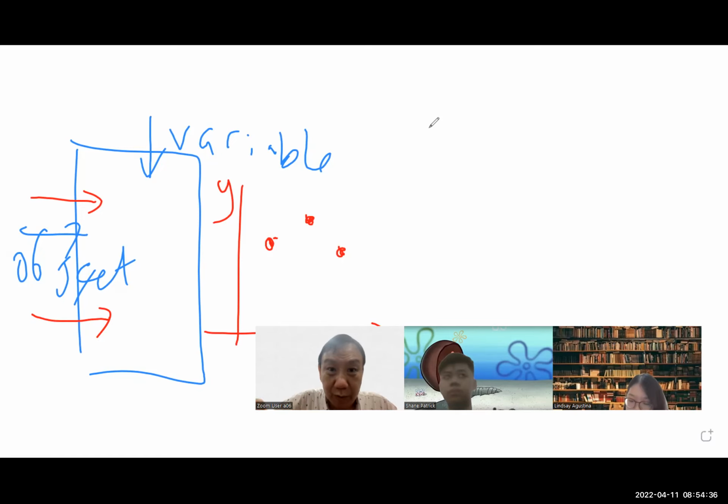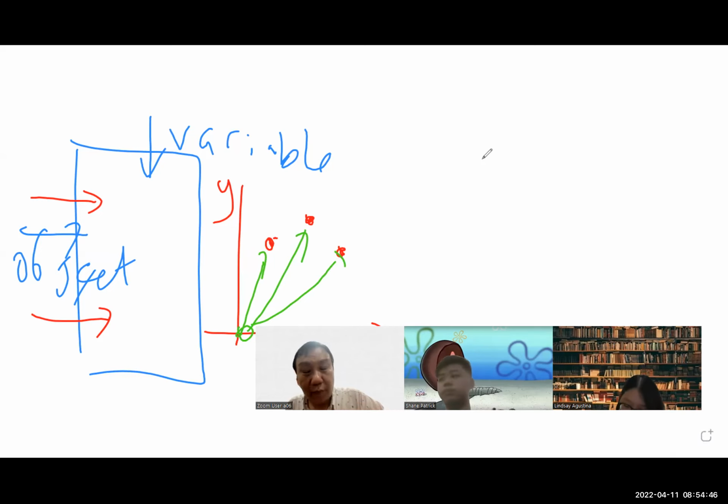In that case, I can create a vector from the origin to its point. So this is one way to represent a data table as vectors.